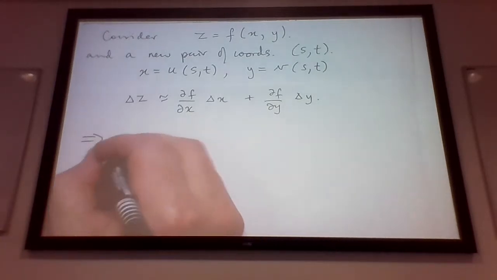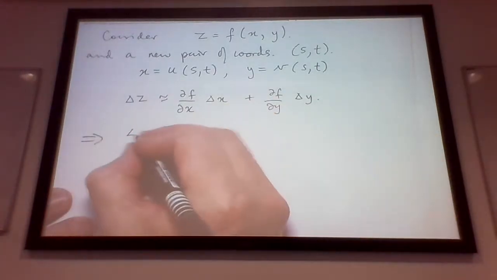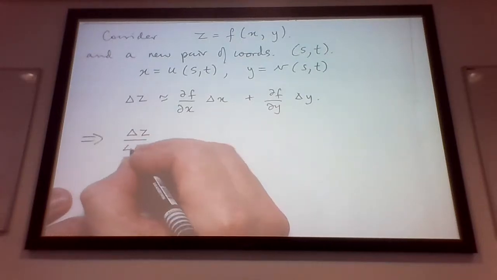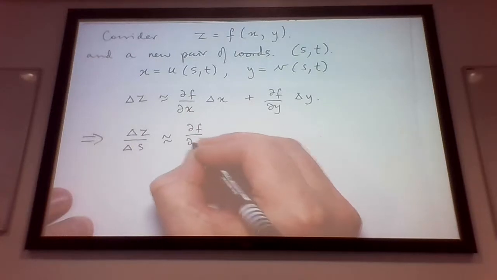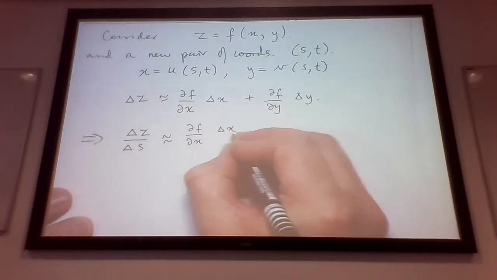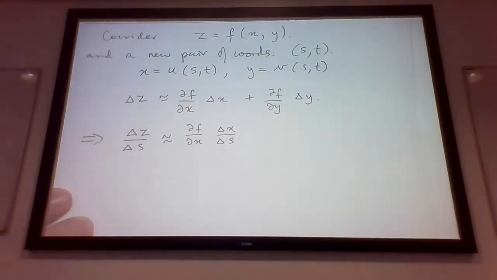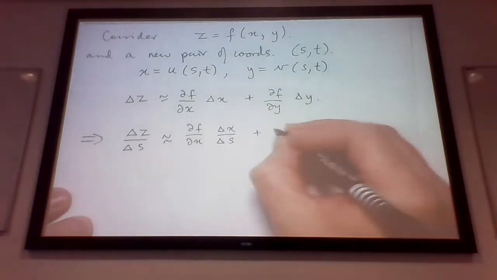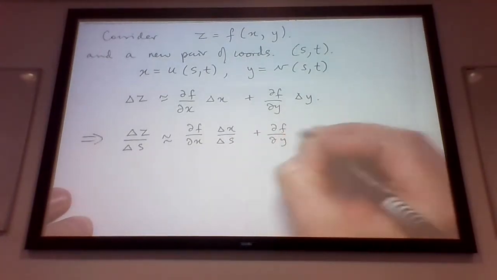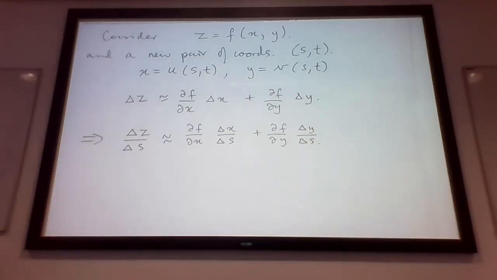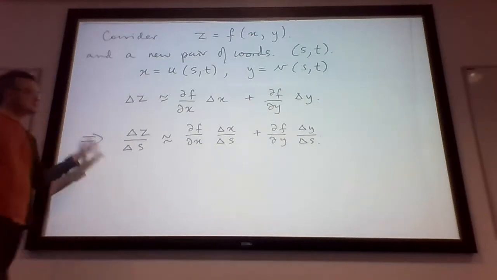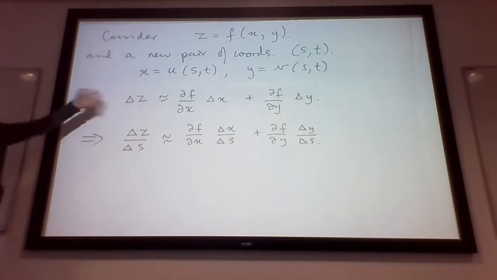Now, what we can do here is divide across by the quantity delta s, and put it in a fraction with the delta x and the delta y. I'm taking the change in the s variable and dividing both sides of the approximation by it.